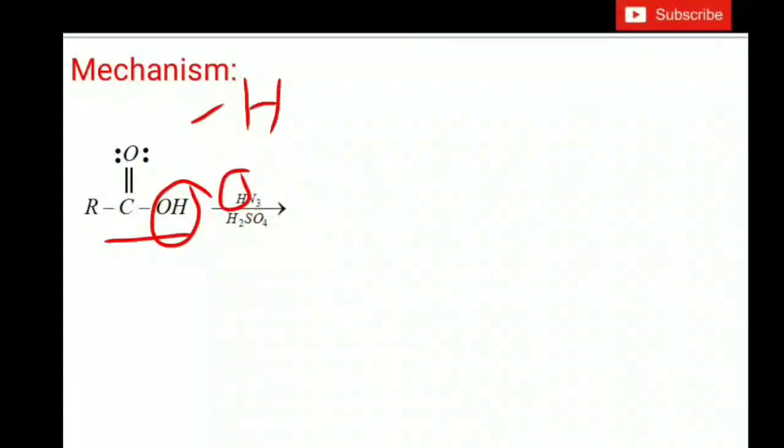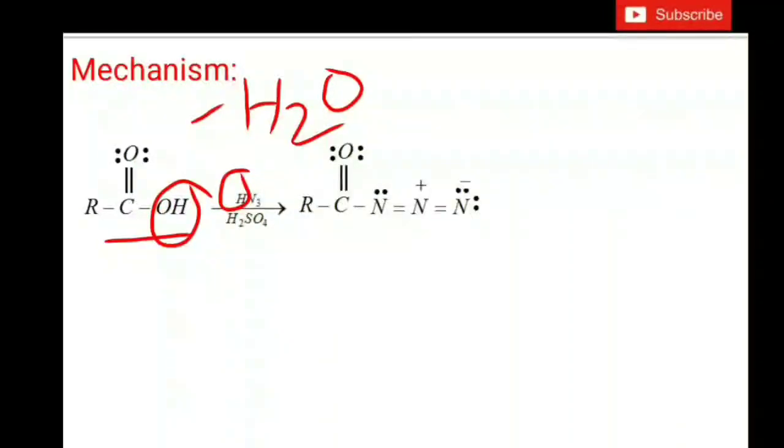So H2O will be removed from that mixture to give acid azide. RCO group is acyl, this is azide. Acyl azide is called acid azide.